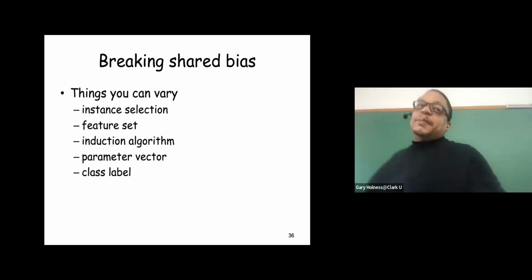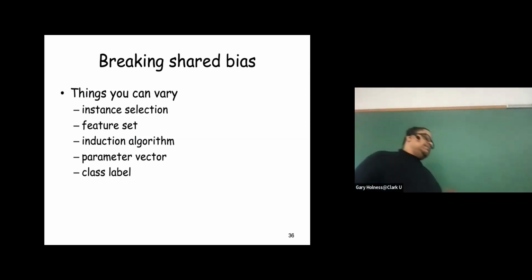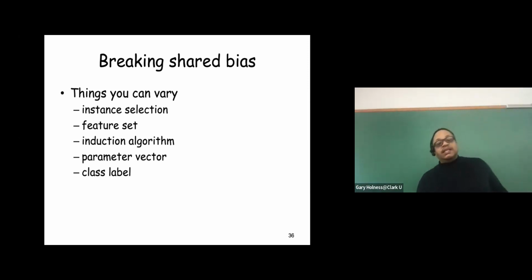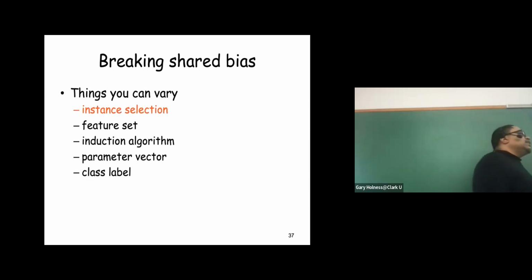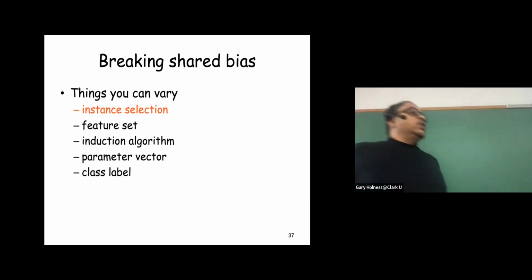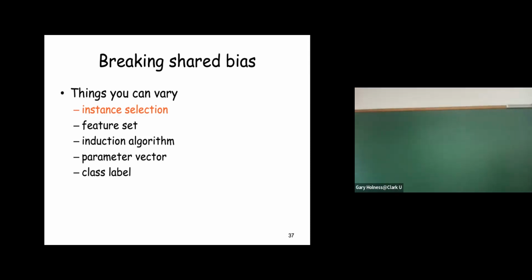And so the aspects of a learner, in particular a classifier, so we're talking about supervised learning for ensembles in this case, you can vary the instance selection and various other things that go into the anatomy of a learner. When you talk about instance selection, we've been talking in this class up to this point about giving all of the training inputs to your classifier, to your learner.